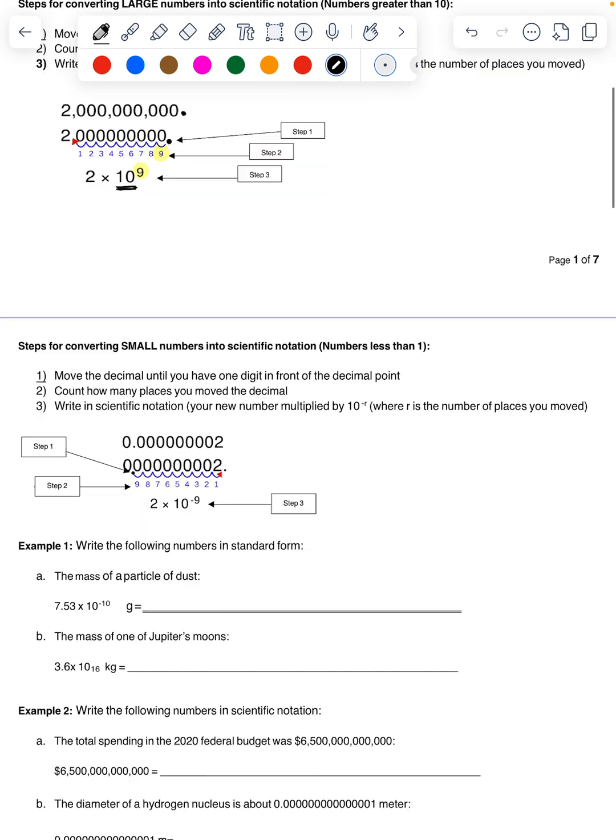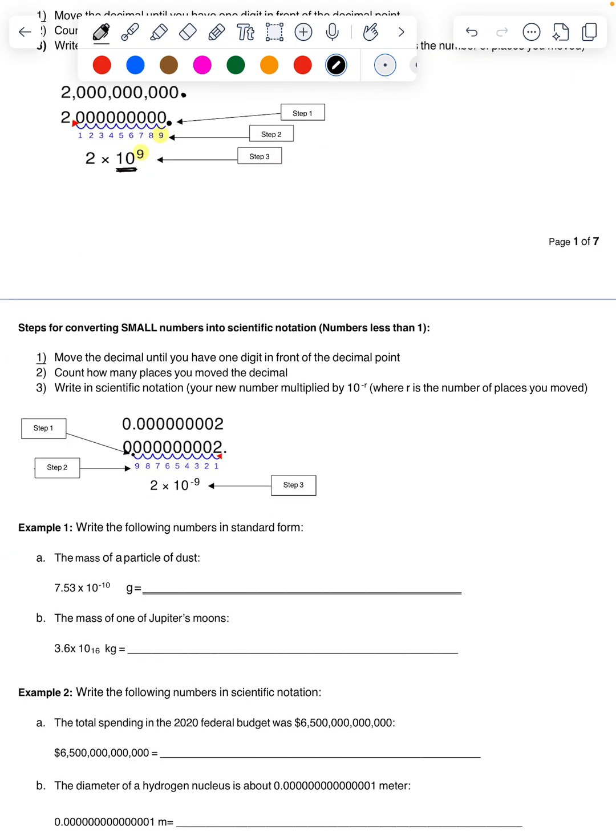If we're converting small numbers into scientific notation, numbers that are less than 1, we're moving the decimal to the right until we have, again, one digit in front of the decimal point. Count how many places you move the decimal. And now our scientific notation will be 10 to the negative r.